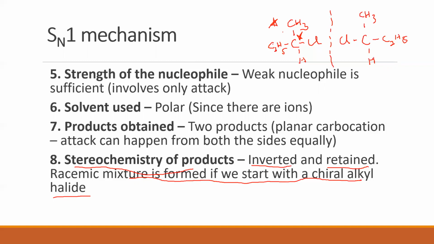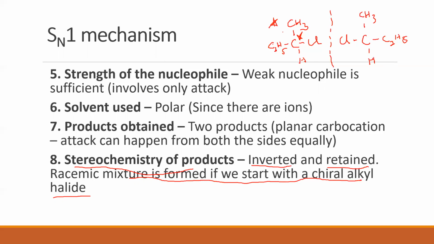We said there are 2 products that are formed, inverted and retained. Clear? And we said the probability of inverted and retained being formed is equal, 50-50%. So both will be formed in 50-50% quantity. Because both the products will be formed in 50-50% quantity, we will get a racemic mixture.